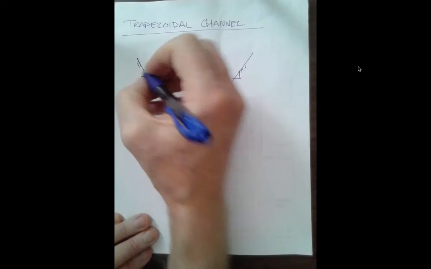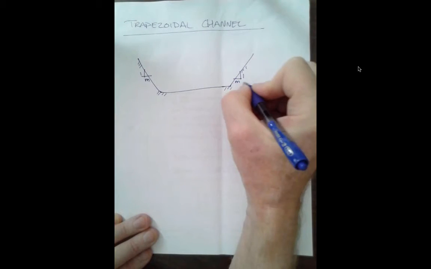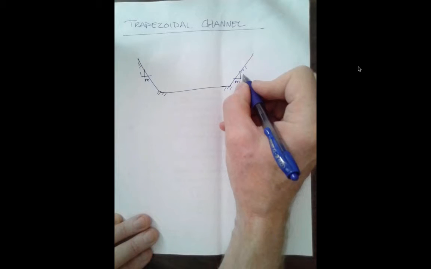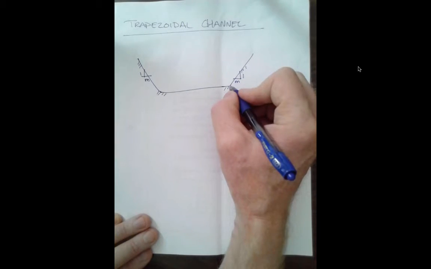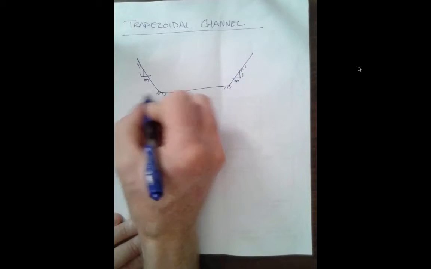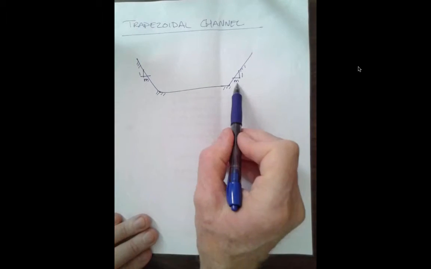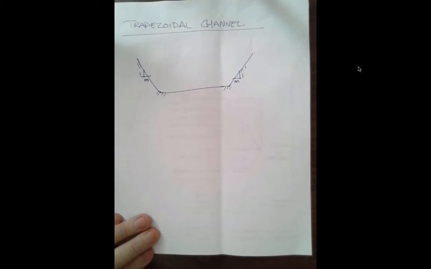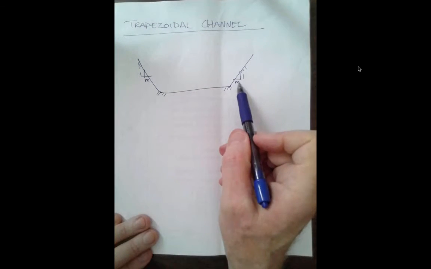Another special case is a triangle. By convention, usually the side slopes are expressed as the ratio of run to rise. So for every unit of depth in this channel, it moves m units to the right, and here m units to the left. Now these side slopes, they don't have to be the same. I'm doing it the same for this development, but they can be different values.